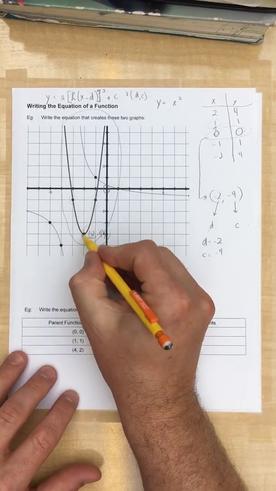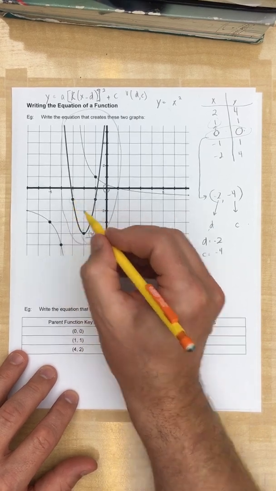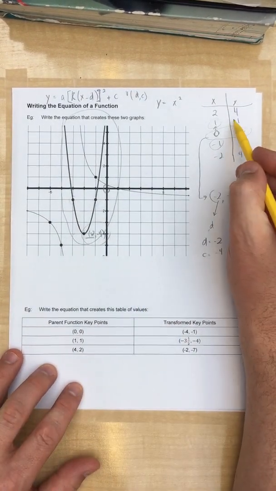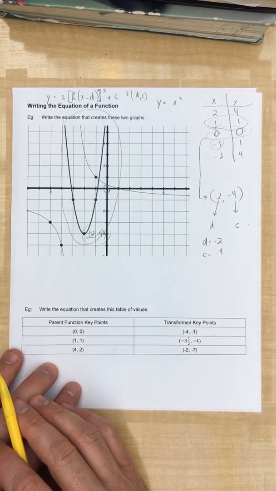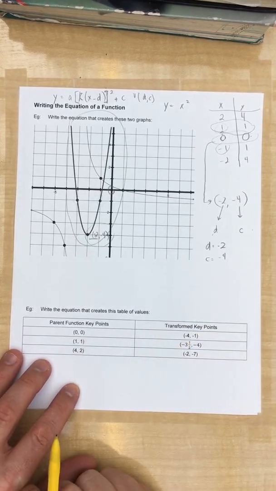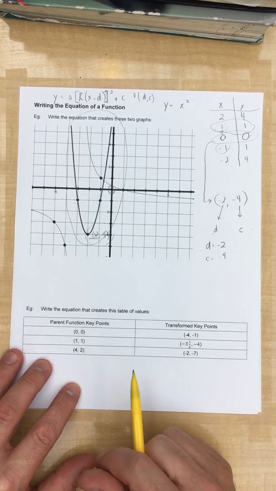You also notice that when you go to the left 1, there's a point there as well, which means that this negative 1 hasn't been modified either. So I know that this point 1, 1 has been changed. You can go ahead and do some algebra with that, and I'll show you how to do that when we do the next one. You can always use the algebra when you know the nature of the function and what point goes with what.